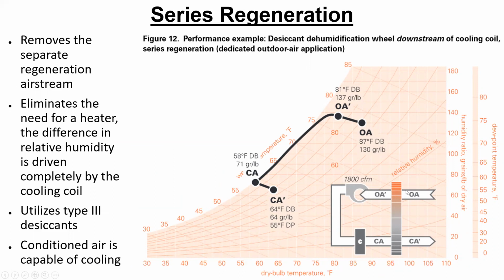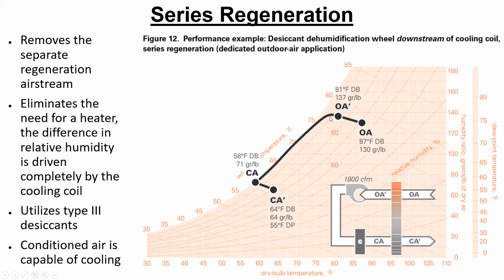So what happened in type 3, you can use it in series, which means that you put the outdoor air through the desiccant wheel. So you gain some humidity out of the wheel. So you go along the humidity increase. And of course, you're losing some temperature going to the left-hand side. And you're cooling it down all the way on the 100% relative humidity.